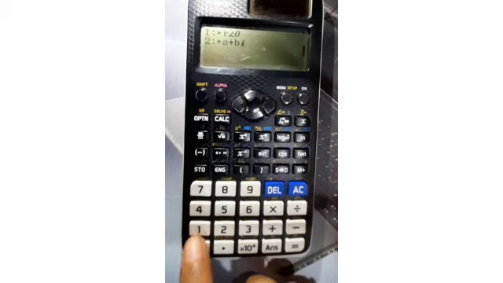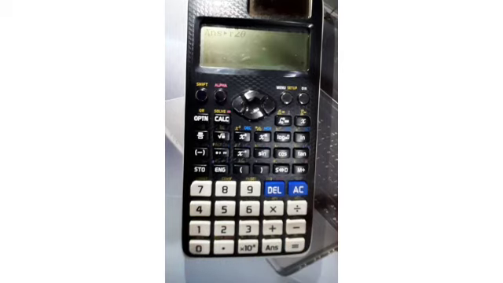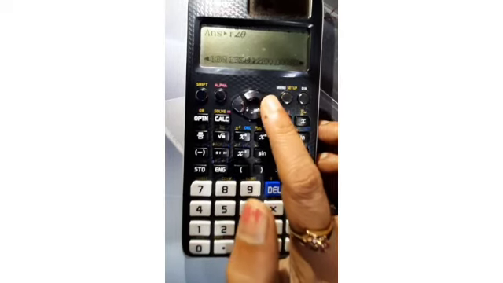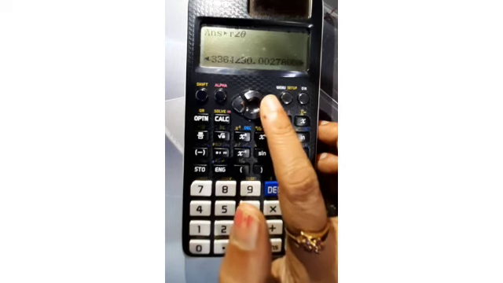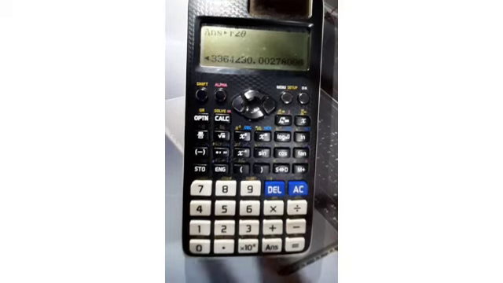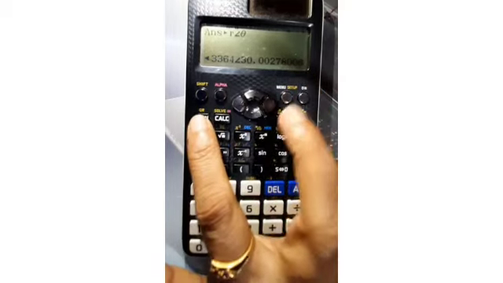We want the answer in the first form, so press 1, then equal to, and see you are getting the same answer, 42.436 at an angle 30.0027.